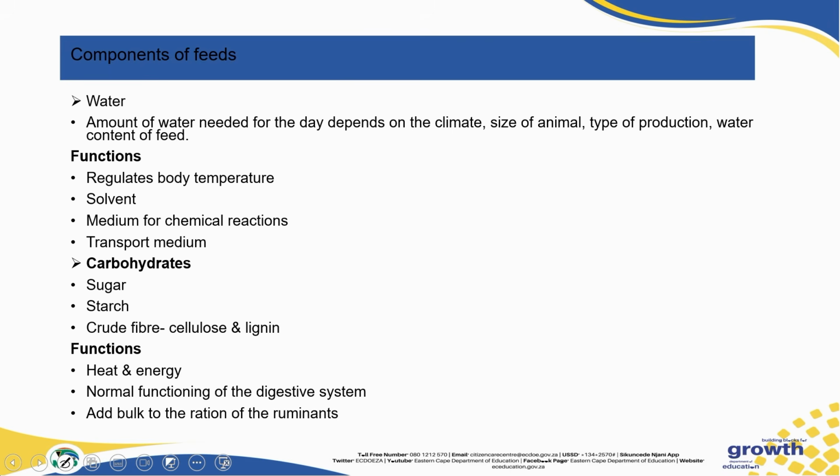Now let us move to the components of feeds. What does the feed compose of? What does it contain, the feed? When we talk of the components of a feed, a feed has got 2 components.